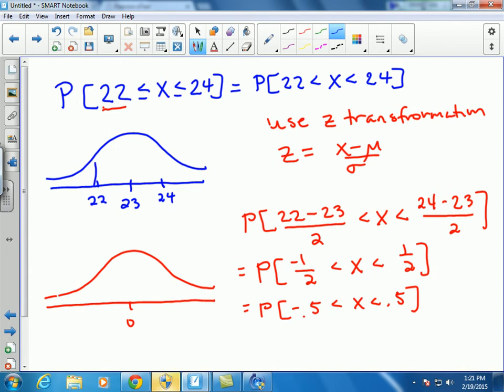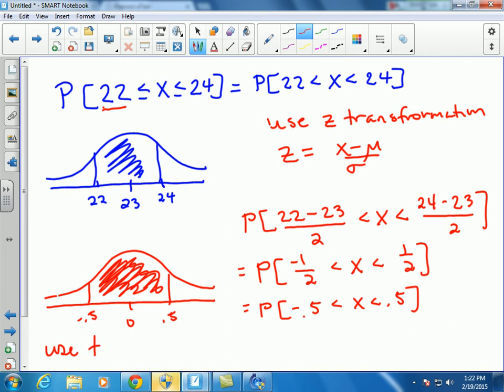That's what we're finding here. And we just transferred that down to negative 0.5 to 0.5. And we're going to find this. It's important that you look at the picture that we're finding. And so what we're going to do is we're going to use the tables.